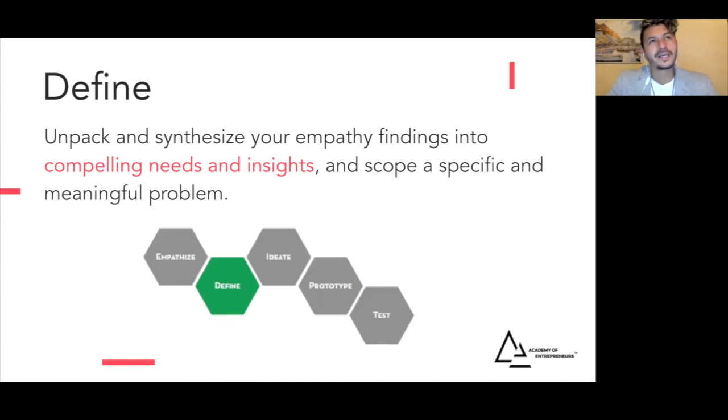Insights are the things that are unexpected, that create a wow moment, something that wasn't clear at the beginning, at a superficial level, but after interacting with many customers, you think there is something there that is not easy to identify.